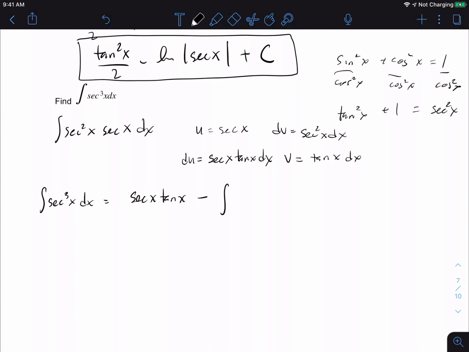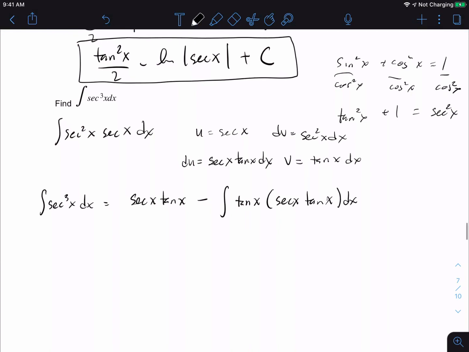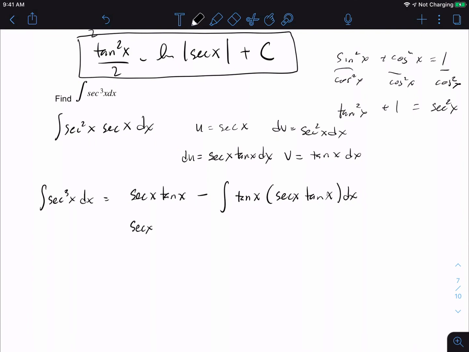So the integral of v, which is tangent of x, times du, which is secant x tangent x dx, right? Which will clean up to be secant x tangent x minus the integral of tangent squared x secant x.